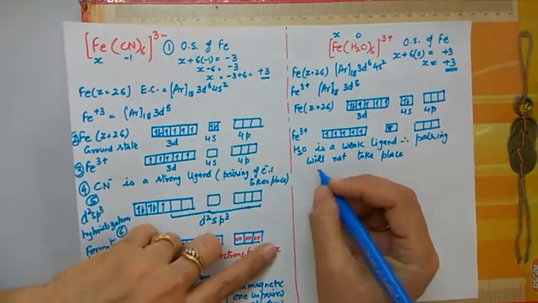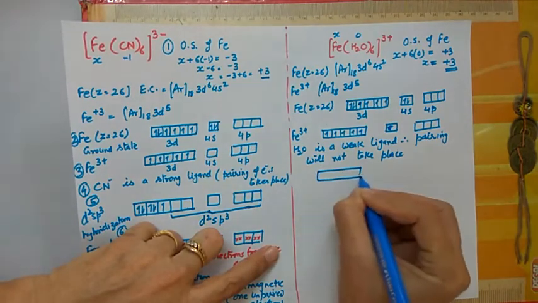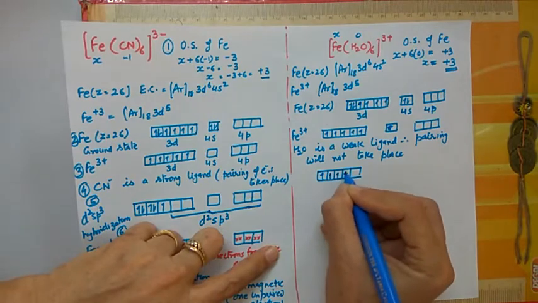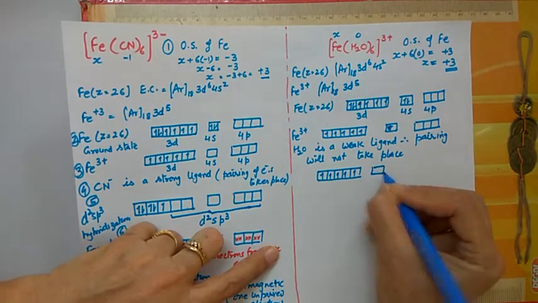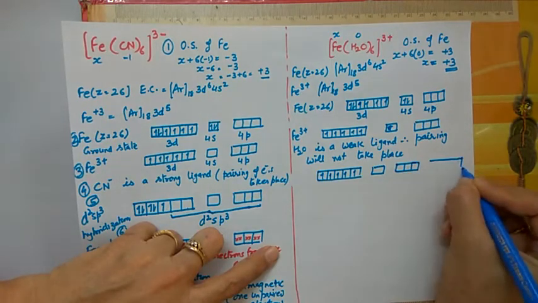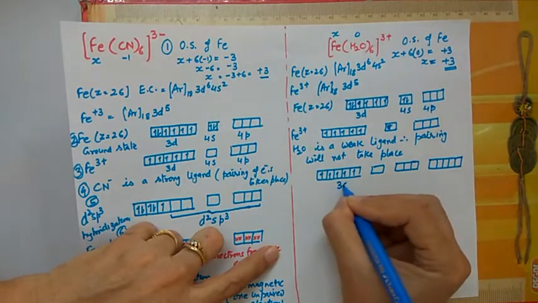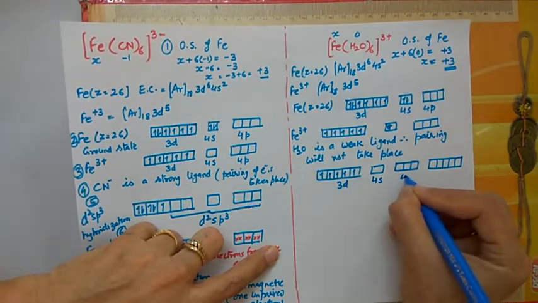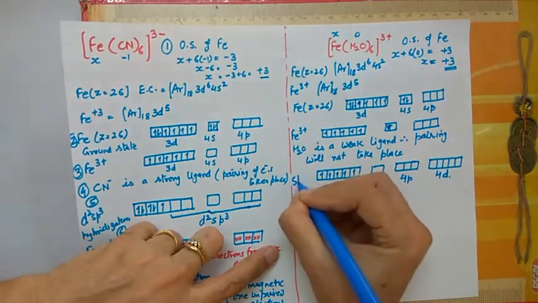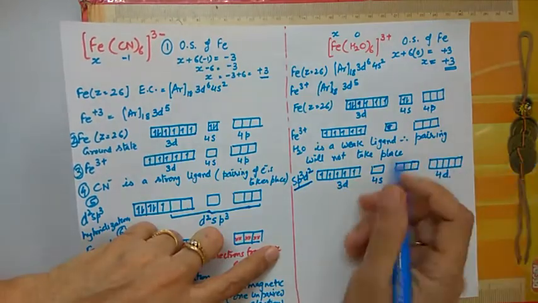Outer orbitals mean this is 1, 2, 3, 4, 5 3d. This is 4s, 4p, and this is 3d, 4s, 4p and 4d. So in this case sp3d2 outer.